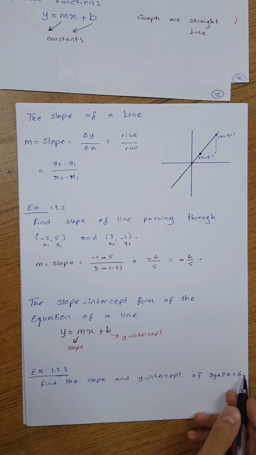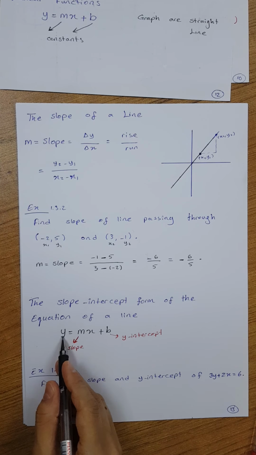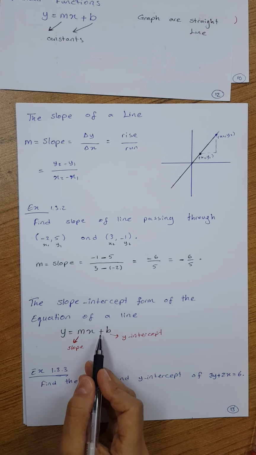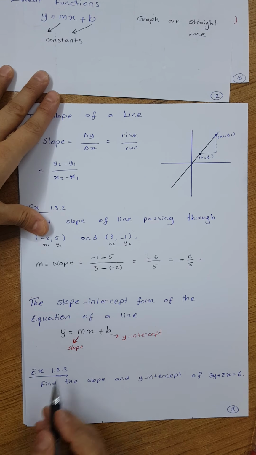The equation of the line is given to us in a general, mixed up way. We have to change that representation into something like that, y alone and everything else on the other side. Then we can easily find that the number multiplied to the x is the slope and the number alone is the y-intercept.